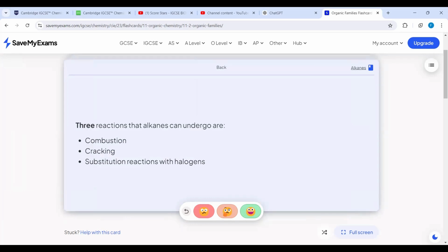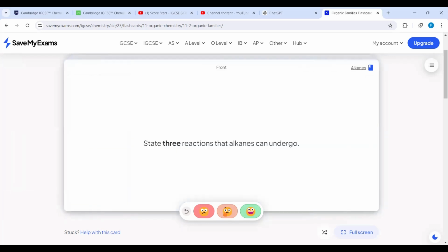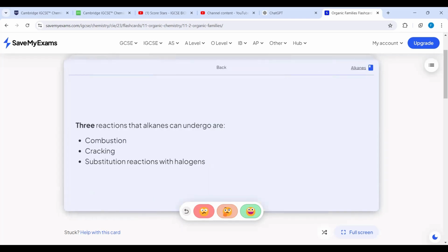Okay, now the next question. State the three reactions that alkanes can undergo. It's combustion when there is sufficient supply of oxygen. It is incomplete combustion when there is a lack of oxygen.